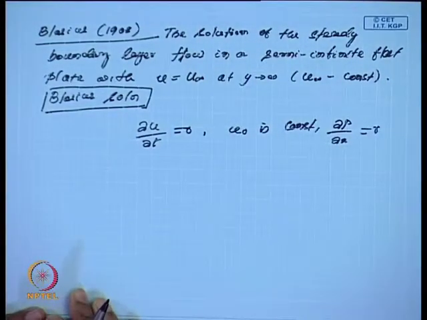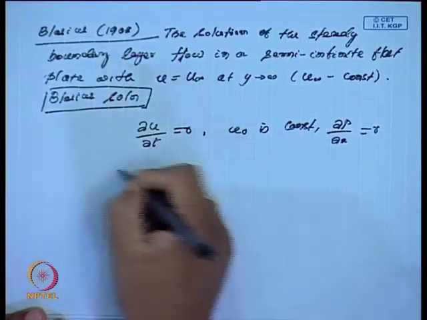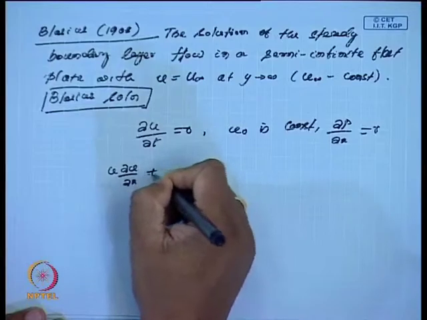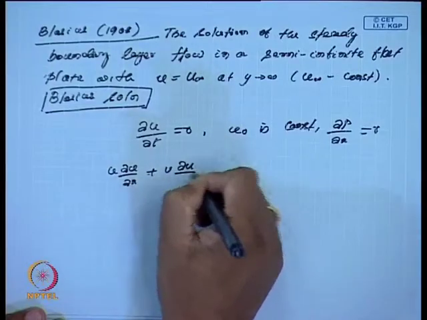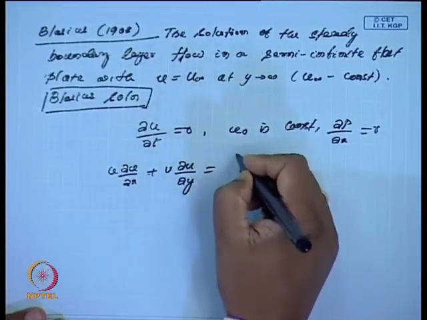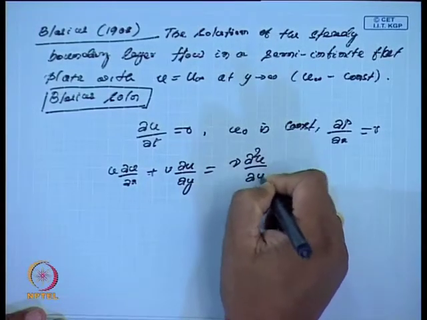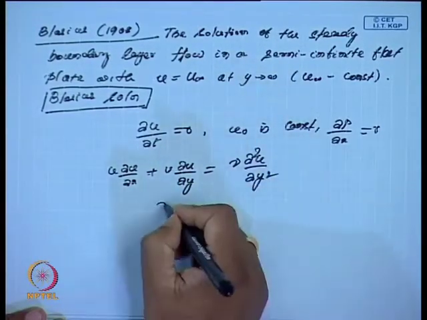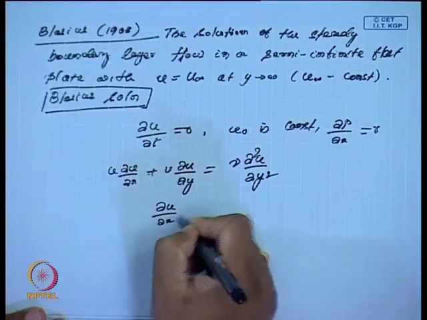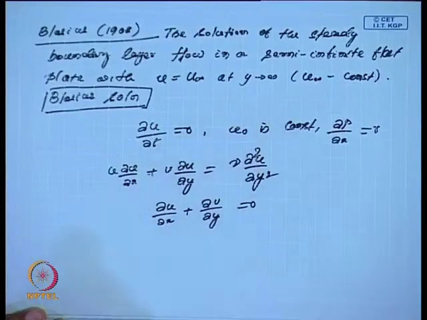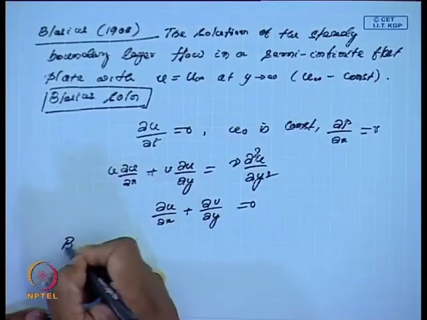Hence the boundary layer equation reduces to u del u by del x plus v del u by del y equal to nu del square u by del y square, and del u by del x plus del v by del y is 0.